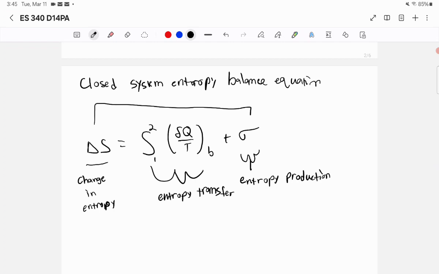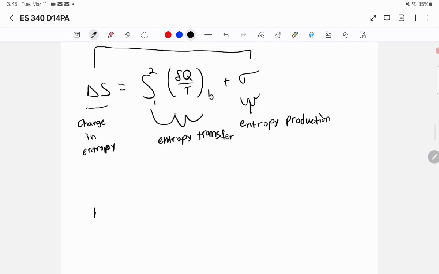Now an interesting thing, and I know that this kind of messes with people's heads, we know that delta S has to be greater than or equal to 0 in an isolated system.